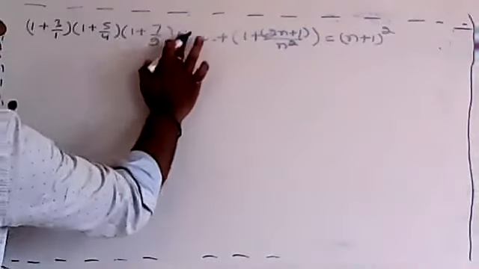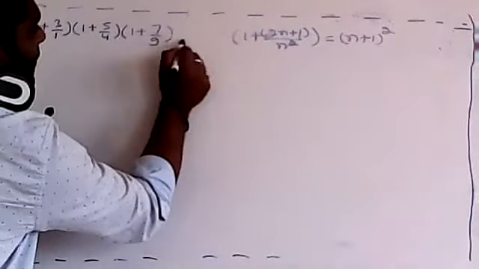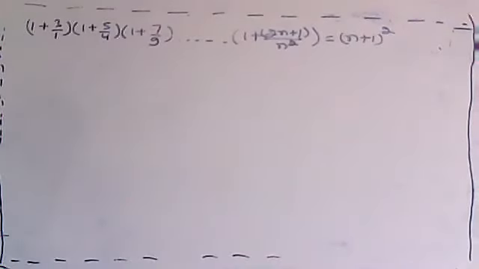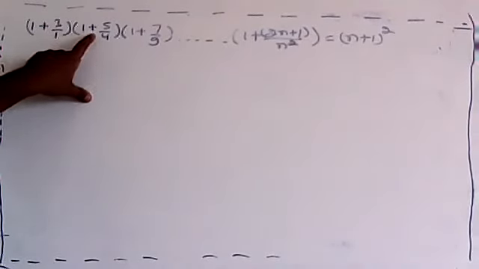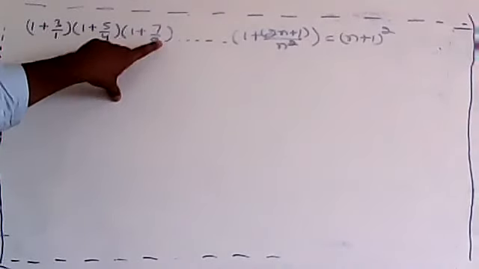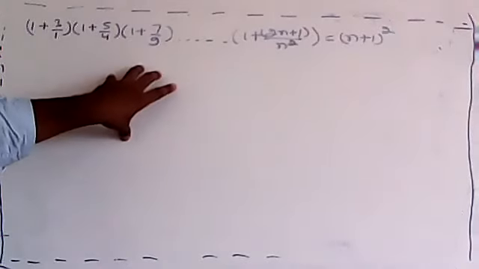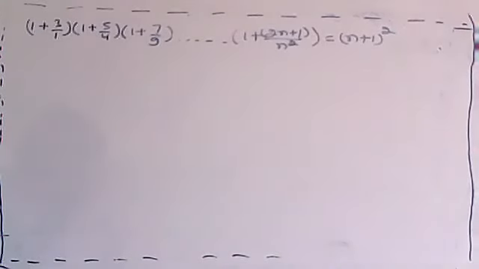Sorry, this is not plus, actually it is a product. Okay, can anyone tell me how to go for this problem? Earlier, the problem we solved was based on the addition of terms, but this problem is in the form of a product, multiplication, correct or not? So that is 1 plus 3 by 1 into 1 plus 5 by 4 into 1 plus 7 by 9, so on up to 1 plus 2n plus 1 by n square, which is equal to n plus 1 the whole square.